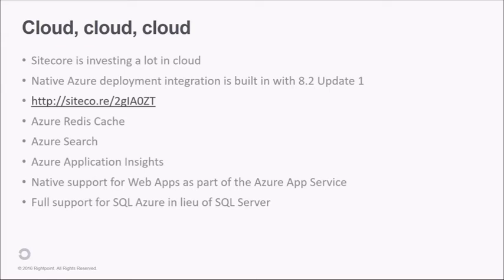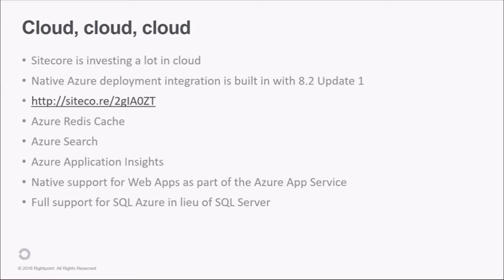And then kind of other news, the big announcement was around cloud. Every software product now is migrating more towards this model where you pay monthly, platform as a service type model. So they announced that they have native Azure deployment integration with 8.2 update 1, which just came out. The announcement for this just came out literally this week.